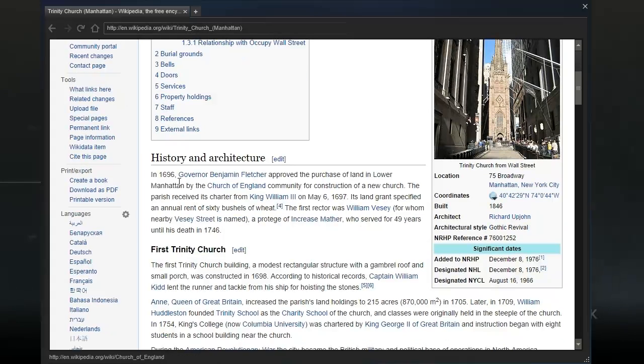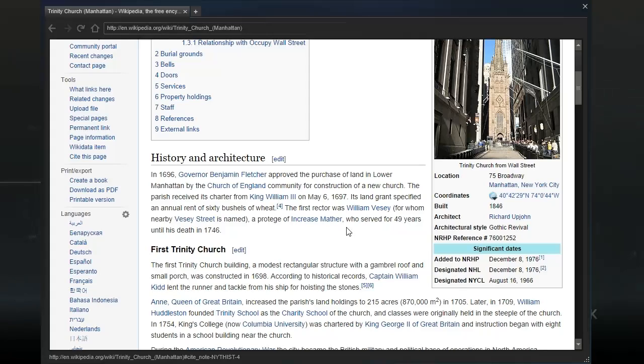In 1696, Governor Benjamin Fletcher approved the purchase of land in Lower Manhattan by the Church of England community for construction of a new church. The parish received its charter from King William II on May 6, 1697. Its land grant specified an annual rent of 60 bushels of wheat.